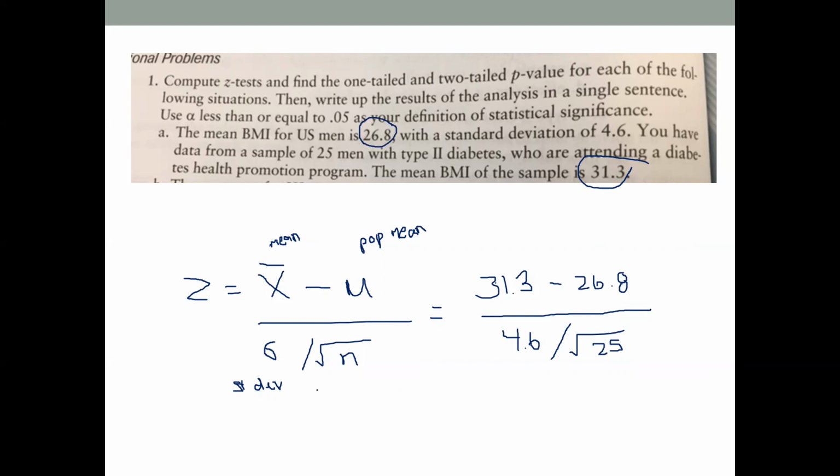And then you're going to divide that by the standard deviation, 4.6, divided by the square root of the number in your sample, which is 25. Then you just calculate that out and you get a number. I'm not sure what that number is off the top of my head. I don't have my calculator here. But that is how you plug those things into the equation. And then you will need to decide if that number meets your definition and is statistically significant.